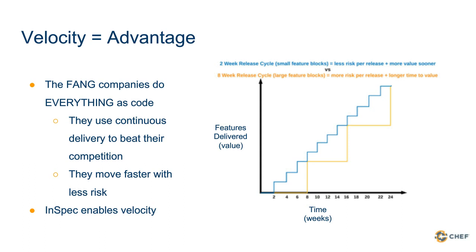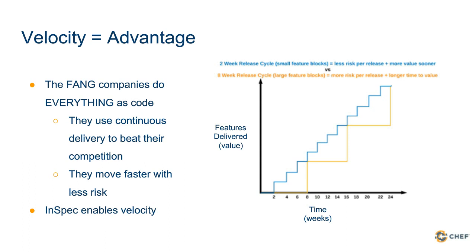On the graphic here, we have an X and Y axis. On the y-axis, the vertical, we have features delivered, which we can equate to value. Across the bottom, we have a time scale measured in weeks.